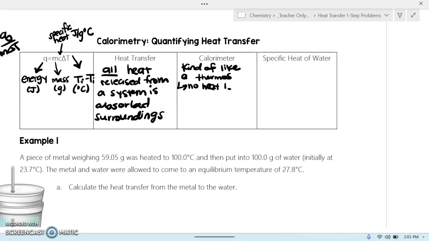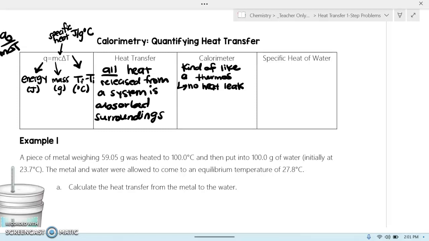So when we're measuring temperature change, it will be a true relationship to the heat absorbed. There's none that will just go out into the room because of the way that the calorimeter or this container is designed, so that heat does not get out or get in. It'll have a barrier so that it cannot escape and affect our results.